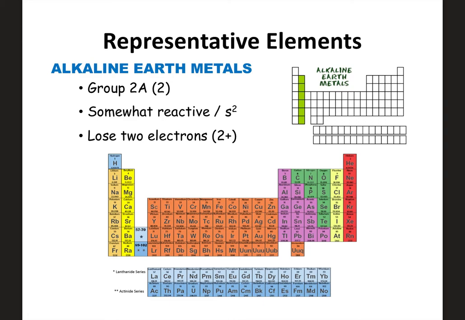Pretty much, if you had one of these elements like calcium and you expose it to the air, it pretty much reacts instantly and starts to form calcium oxide. It starts to oxidize or rust. It's just not going to do it violently, but they are very reactive. They all end in s2 for their electron configuration.